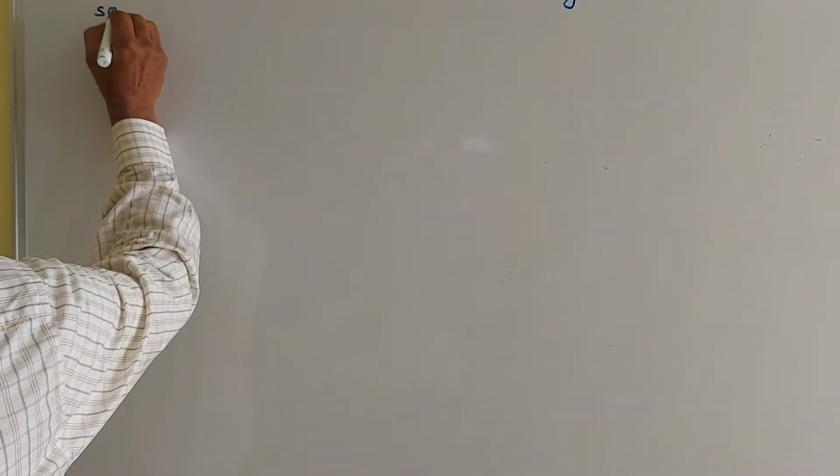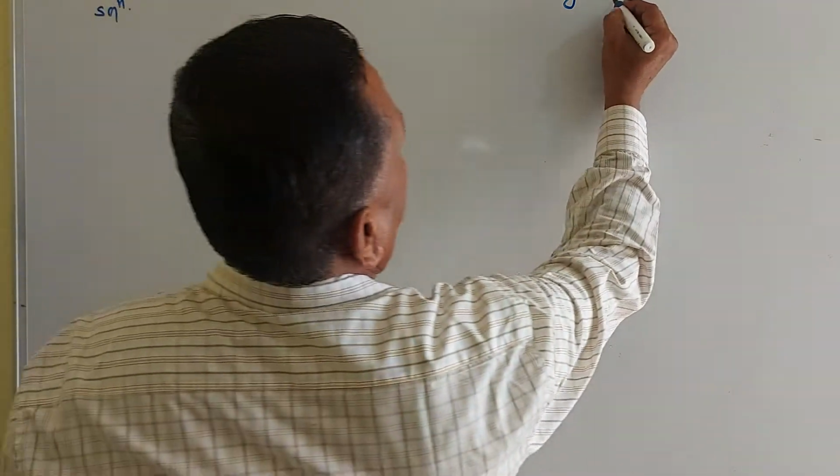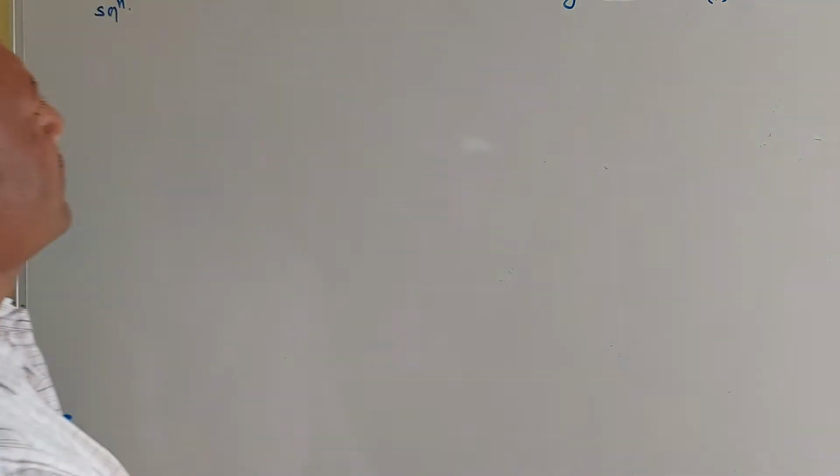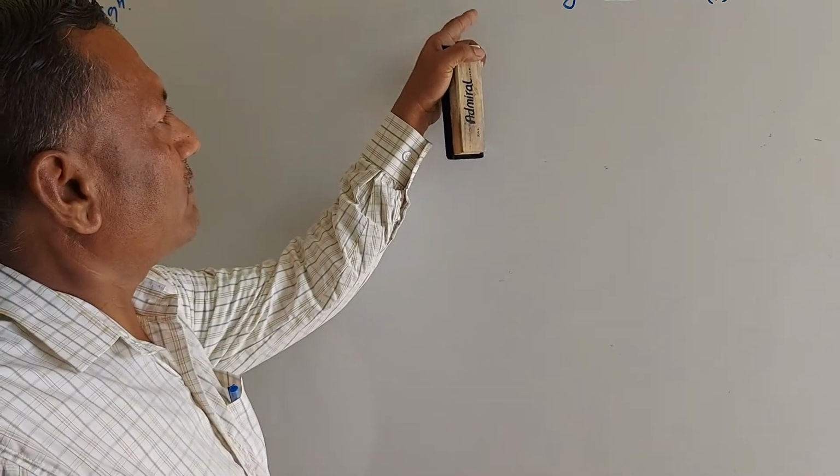Solution. The given partial differential equation is D square minus 2 D D dash plus D dash square operated on z is equal to 12xy. Number 1.